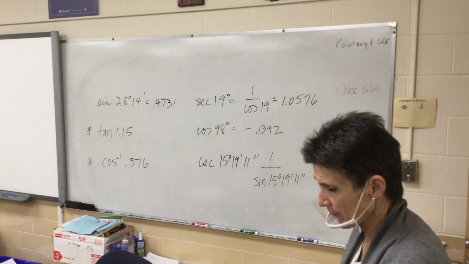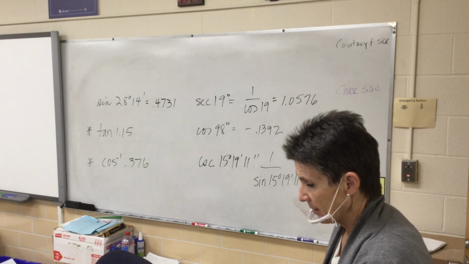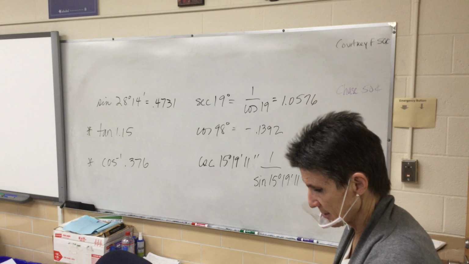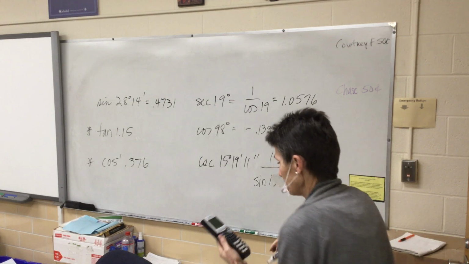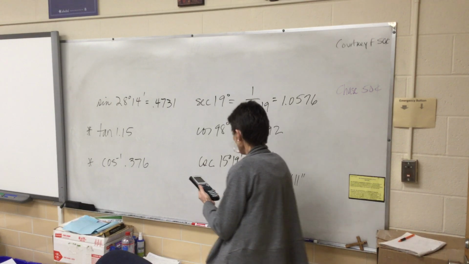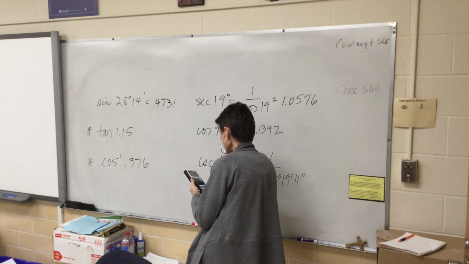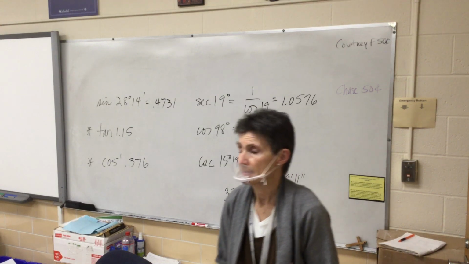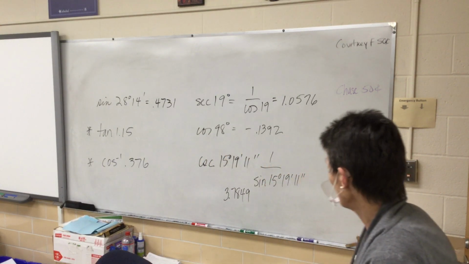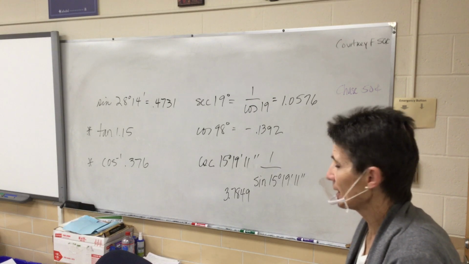Oh, that's not right, is it? How do I do seconds? I got 3.7849 when I divided that in.